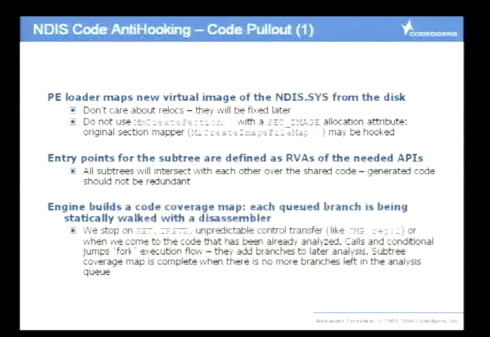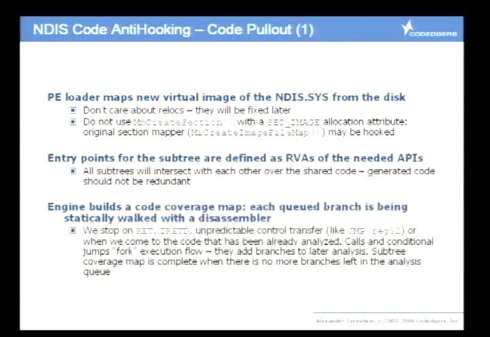When we walk them, we will stop on unpredictable control transfers like jmp r32, or any kind of returns like ret, iretd. These types of instructions will mean that we come to the code that has been already analyzed. This will mean that our branch has just ended.